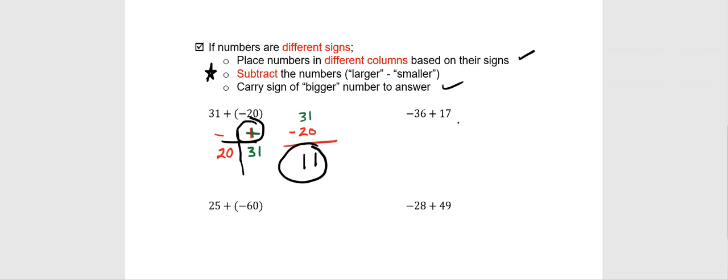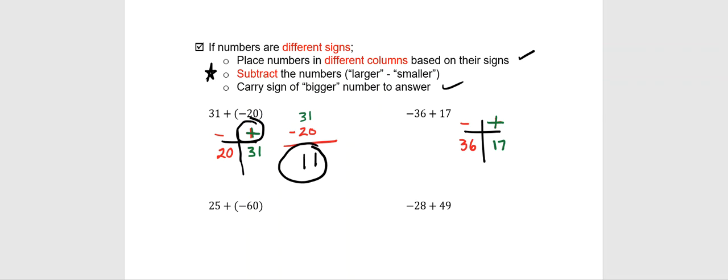So I'll go through setting up one more problem for you. Again, set up your scoreboard accordingly. And once again, place your numbers in the columns based on their signs. So I know the negative 36 will go on the negative side. The positive 17 will go on the positive side.